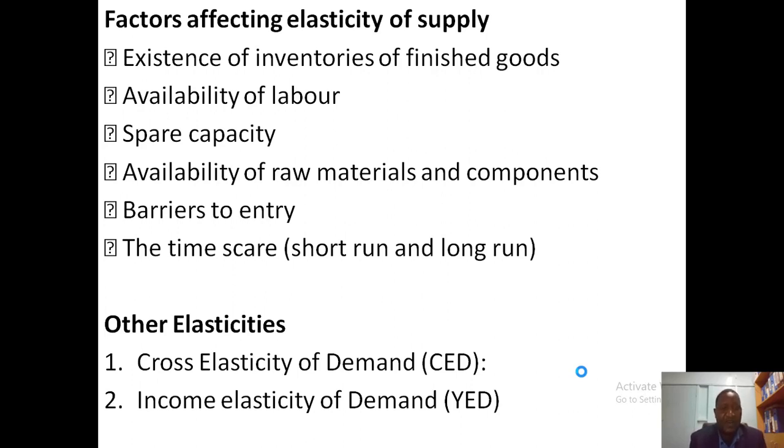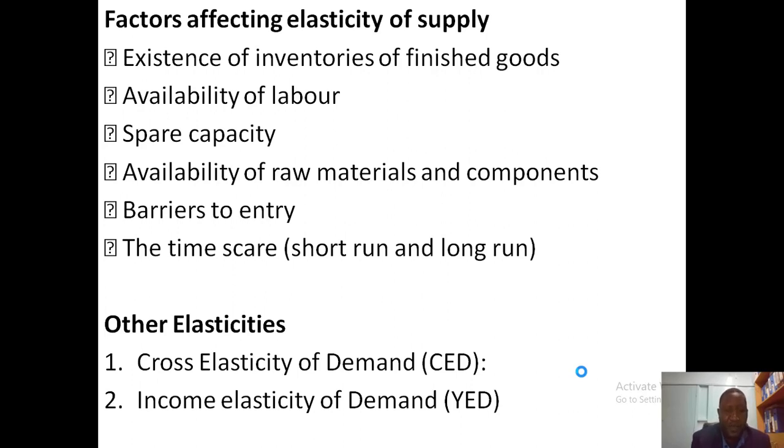If there are no barriers to entry, supply will be elastic. But where there are barriers to entry, supply will definitely be inelastic, because barriers simply mean that the industry prevents new entrants from entering that particular industry and participating in supplying. The time scale: supply is inelastic in the short run and elastic in the long run.